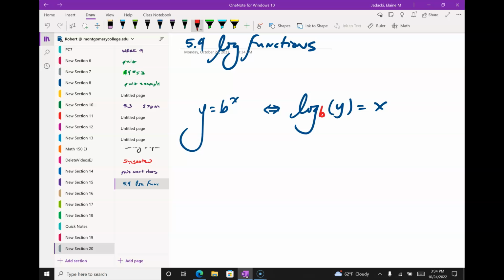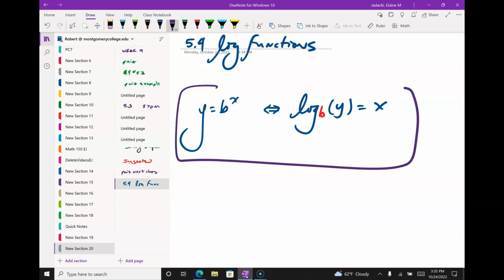If y equals b to the x, we know b is the base, x is the exponent, right? And so look at what happens. I get log base b of y equals x. This is a translation that's going on our formula sheet, and we should be able to take any function and convert it this way.